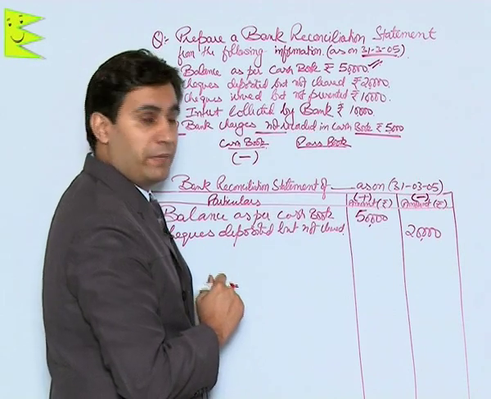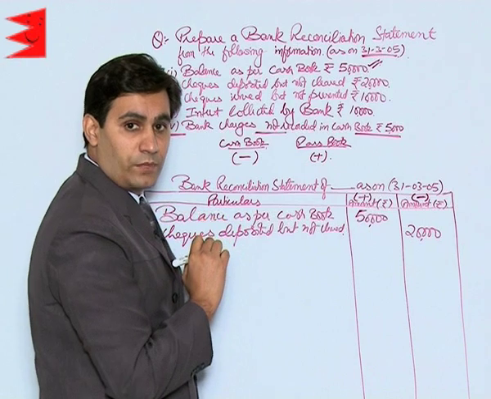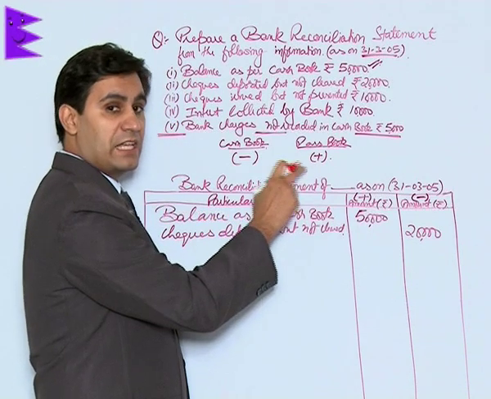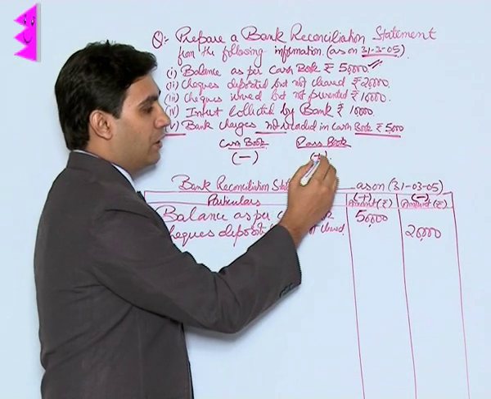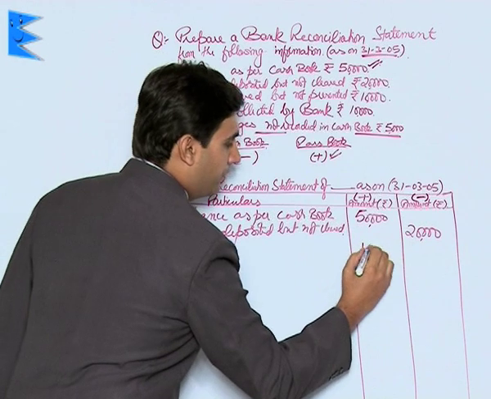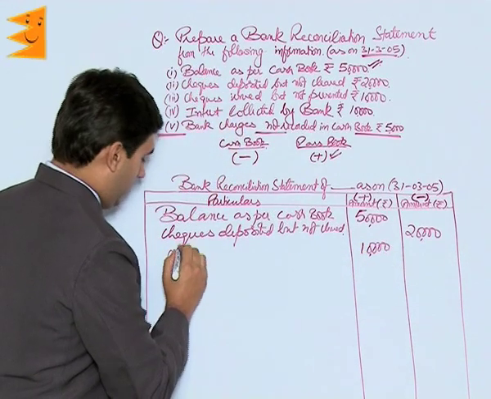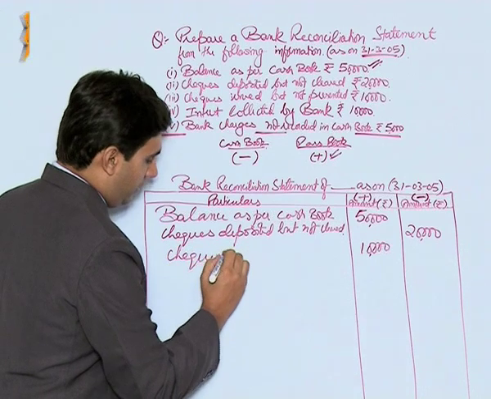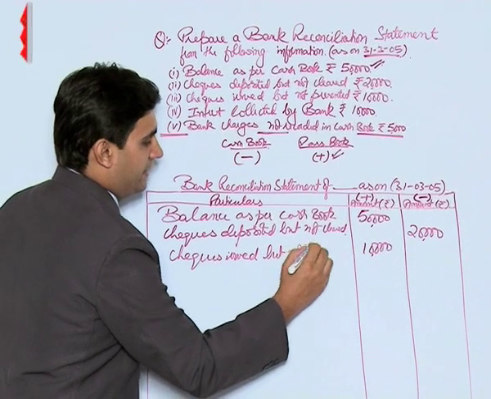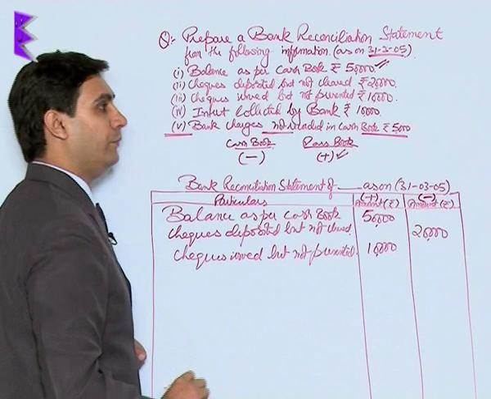Since no payment has been made, that means the balance in the passbook is on the higher side. Now cash book balance is given to us and we need to find the balance as per passbook. Under the passbook column it is positive. So the amount of 10,000 will appear in the plus column, and the statement would be checks issued but not presented.